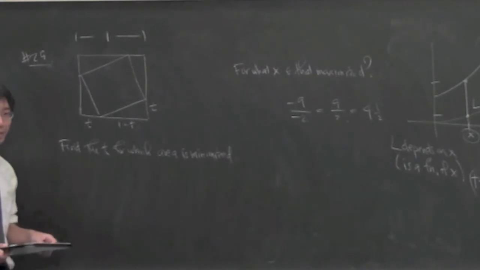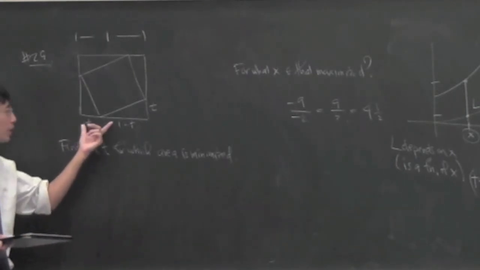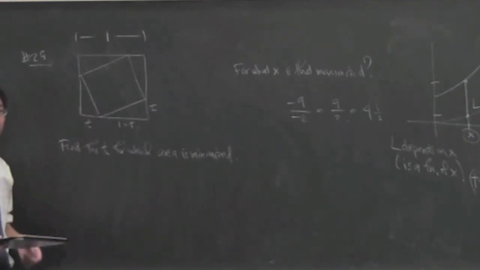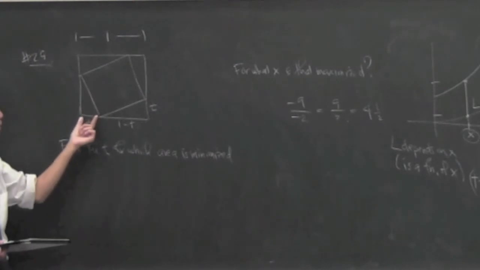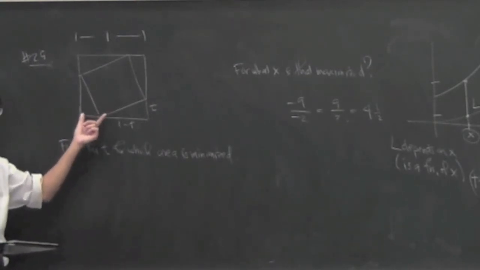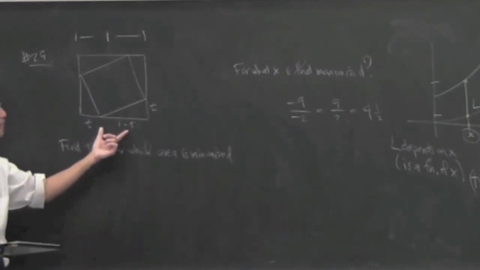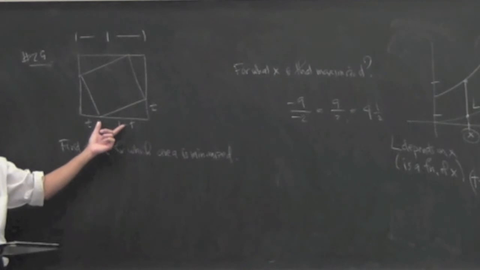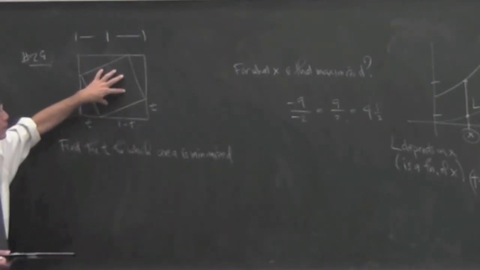And again, you can probably guess, right? What's going to be the answer? What t is going to give you the smallest square on the inside? If the total length is 1, okay, what is the answer? The area for the guy in the middle inside, you want to make this one as small as possible.